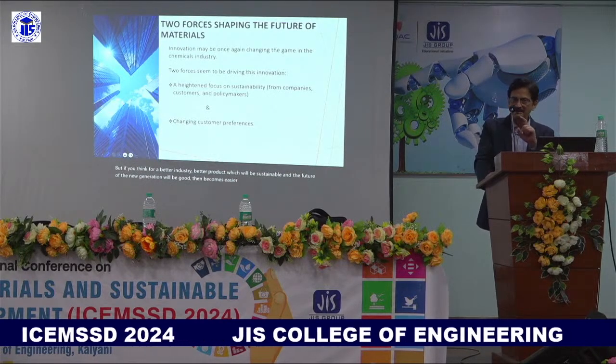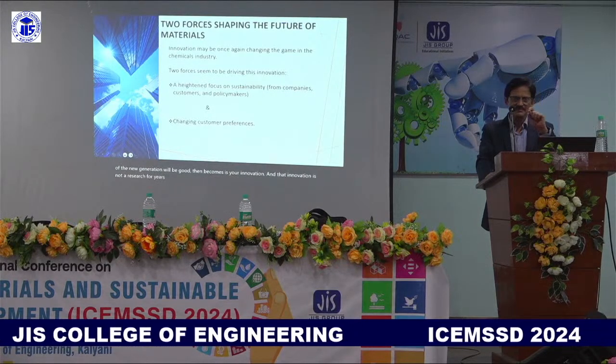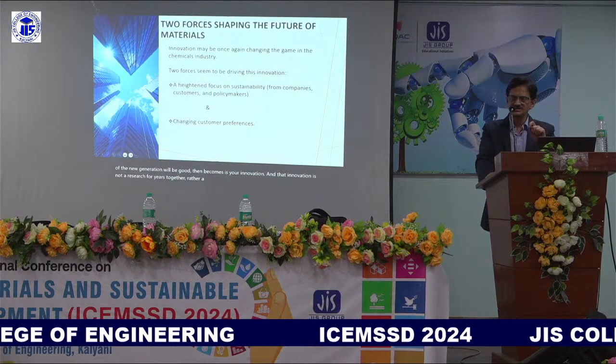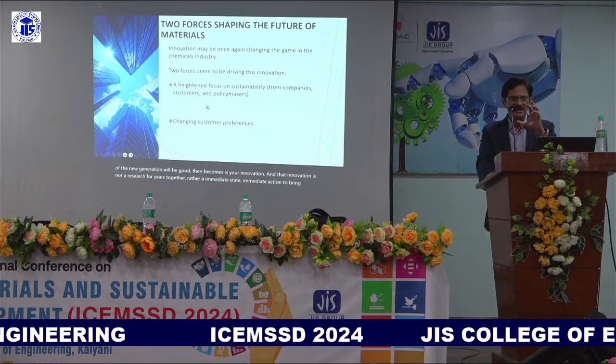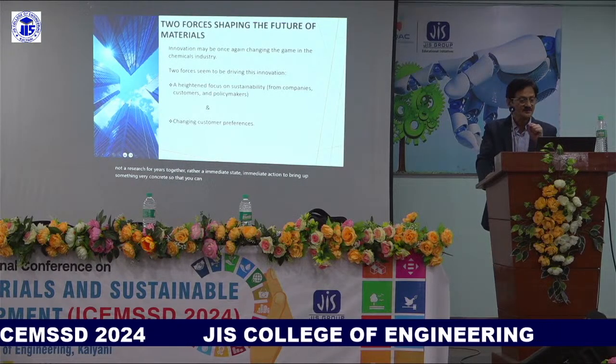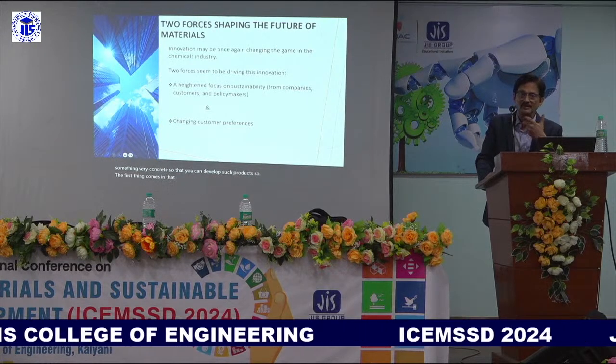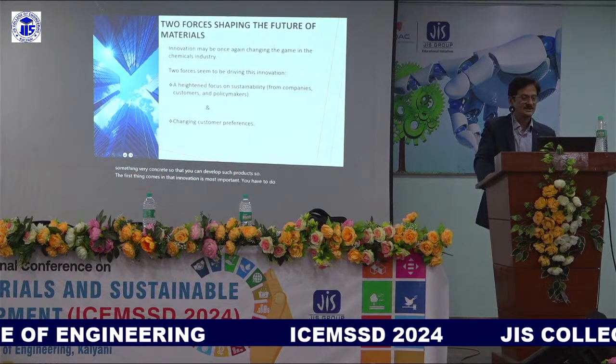And that innovation is not research for years together, rather an immediate action to bring up something very concrete so that you can develop such products. So the first thing is that innovation is most important, you have to do it within some years.